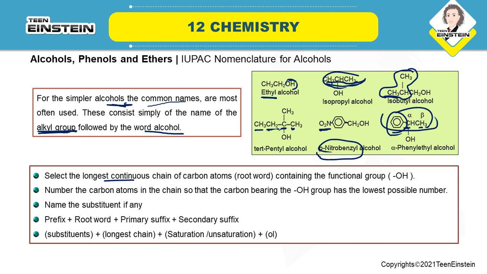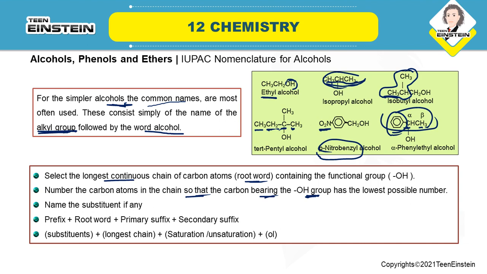Fine, and depending on how many carbon atoms are present in this longest chain, the root word will be selected. Next step is to number the carbon atoms in the chain so that the carbon carrying the OH group will be given the lowest number possible.